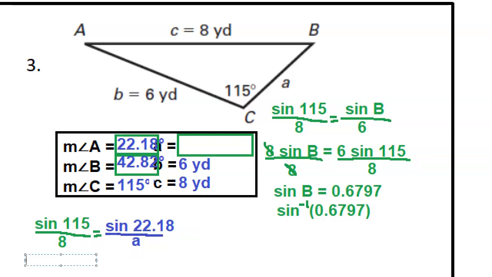All right, so we cross multiply and we get A times the sine of 115 equals 8 times the sine of 22.18.